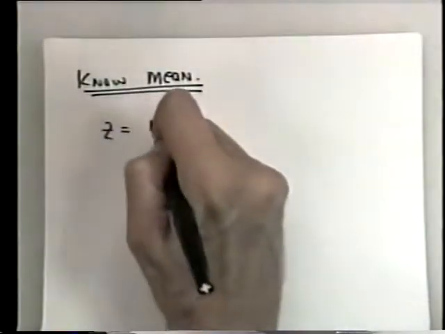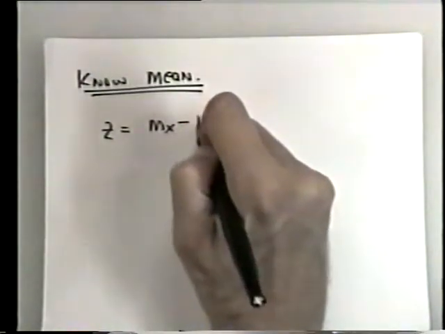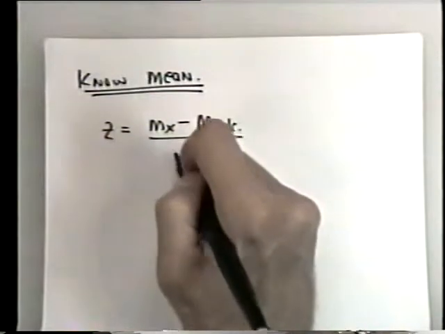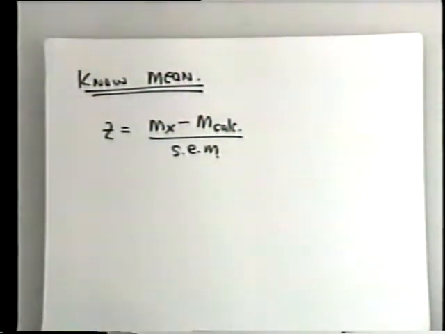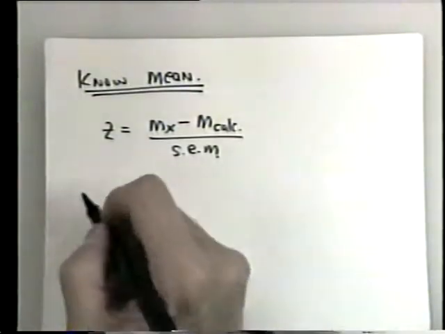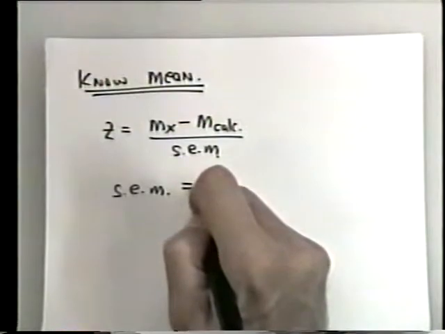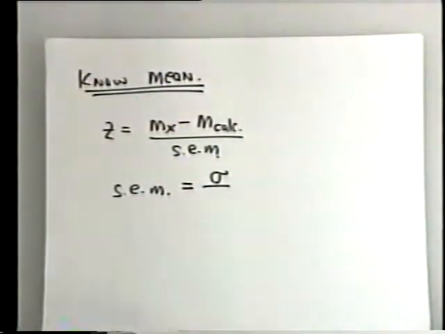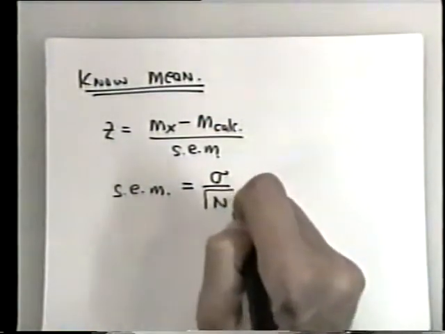So in this case, the z value is the experimental mean, mx, minus the mean that we calculate, divided by the standard deviation of the mean from the experiment. And as I said before, the standard deviation of the mean from the experiment is the standard error of the mean, which is equal to the standard deviation of the experiment divided by the square root of n.